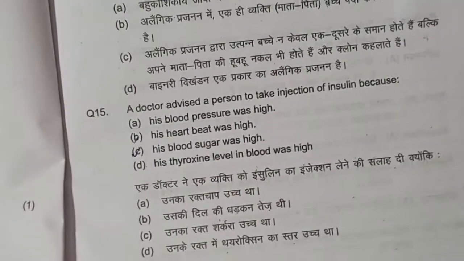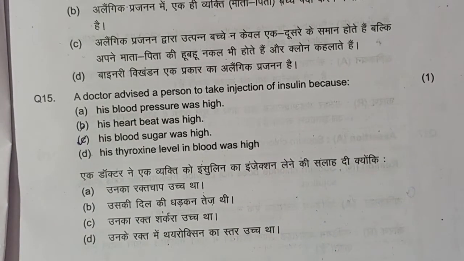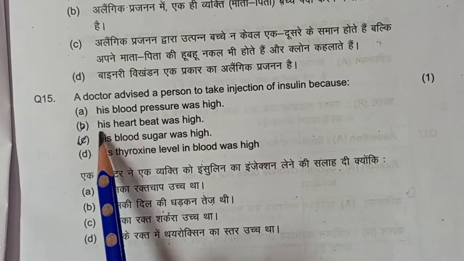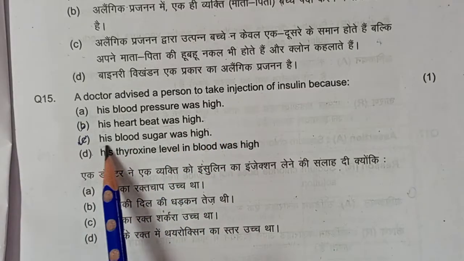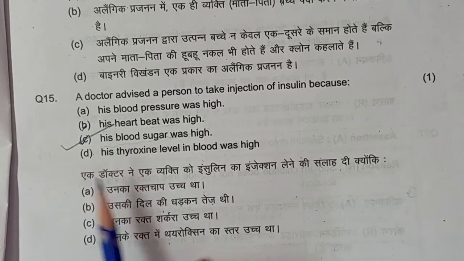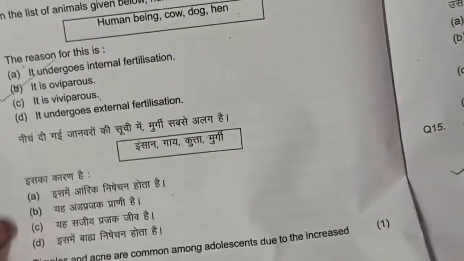Next, a doctor advised a patient to take an injection of insulin because his blood pressure was high? No. His heartbeat was high? No. His blood sugar was high? Yes. His thyroxine? No. So because insulin is responsible for reducing the blood sugar, option C would be the correct answer.